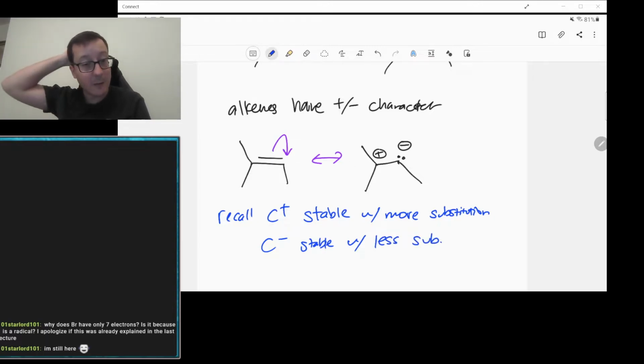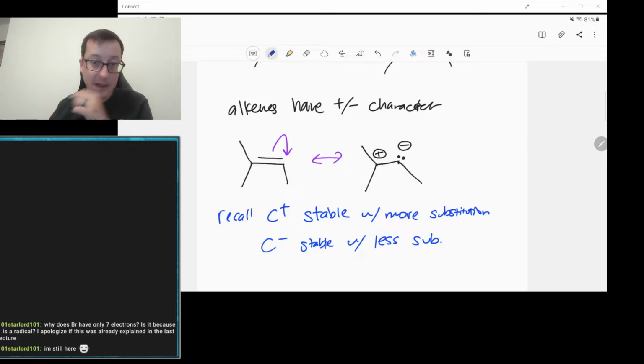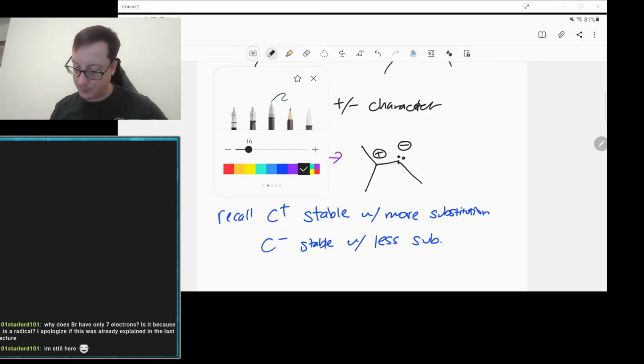So it is unlikely we're going to get the other resonance where we put the negative charge on the tertiary carbon. So the less substituted side is more nucleophilic, and the more substituted side is a little bit more electrophilic.